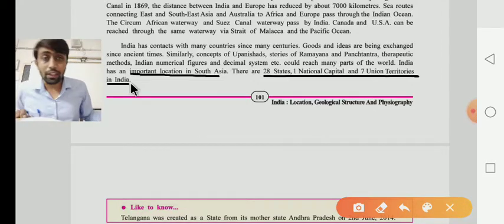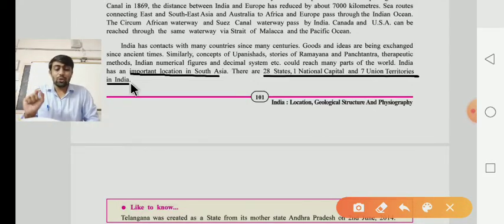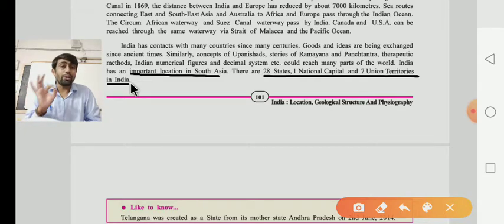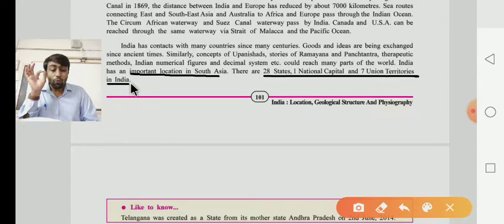On 26 January 2020, dear children, what happened? Daman and Diu merged with Dadra and Nagar Haveli to form one Union Territory.